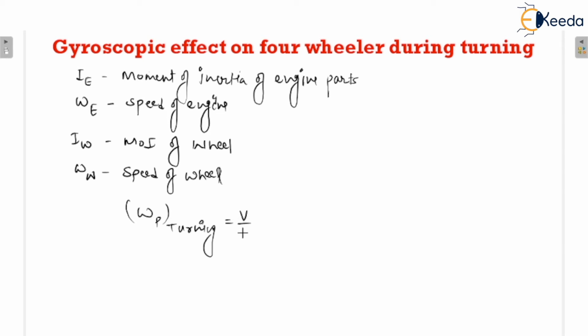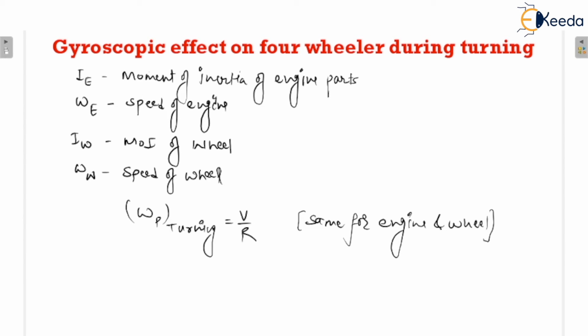That is equal to V upon R, where V is the linear velocity of the vehicle and R is the radius of rotation. Remember one thing, this would be same for engine and wheel.